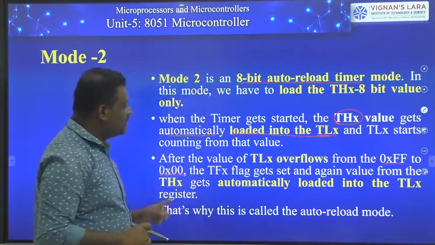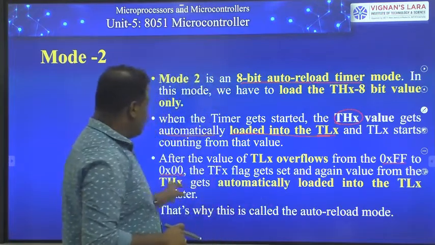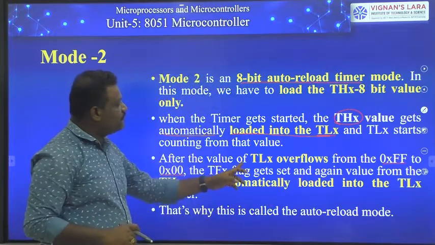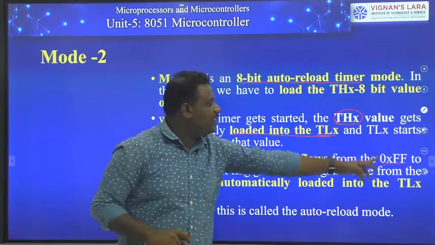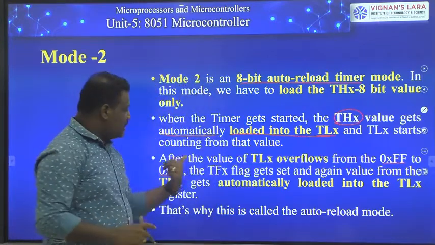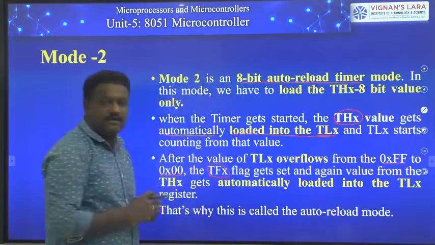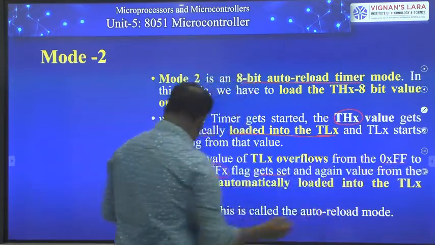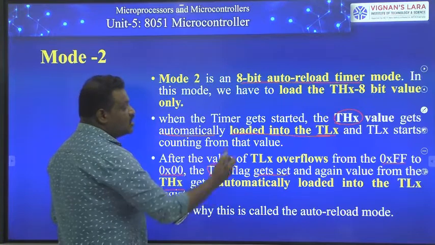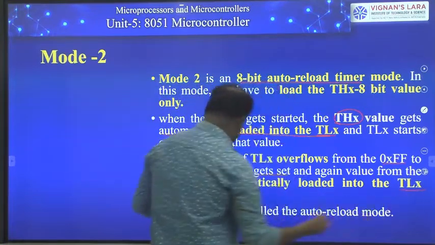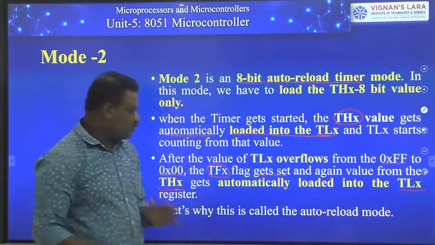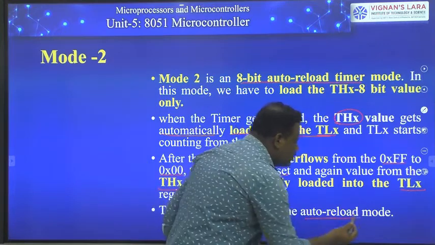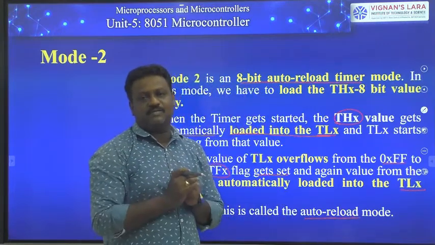So see here friends, automatically after the value of TLx overflows from FF to 00, TFx, that is the overflow flag of the timer, gets set, and again the value from THx is automatically loaded into TLx. That's why we call it auto reload mode of operation.